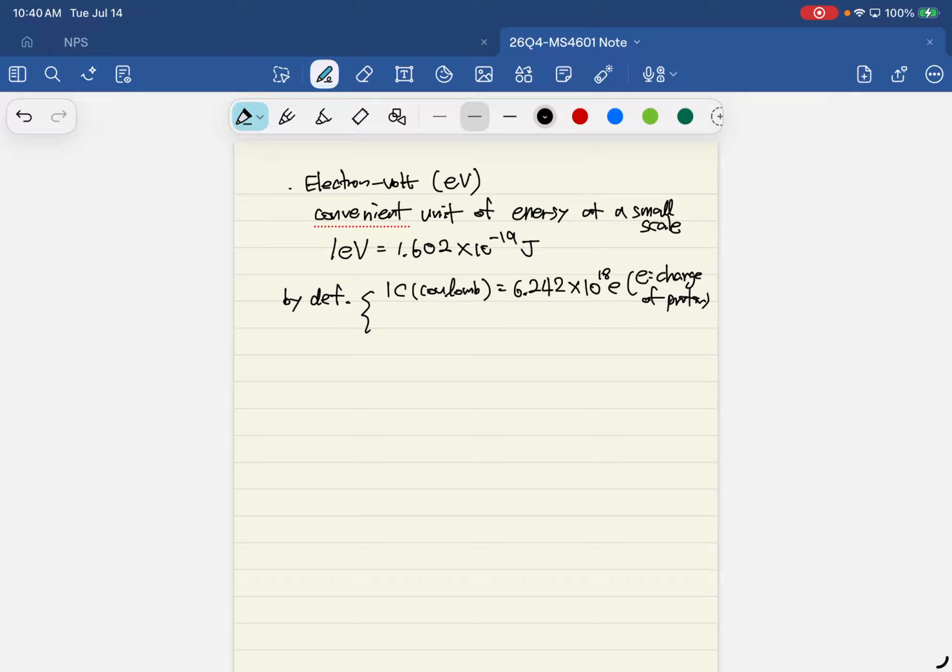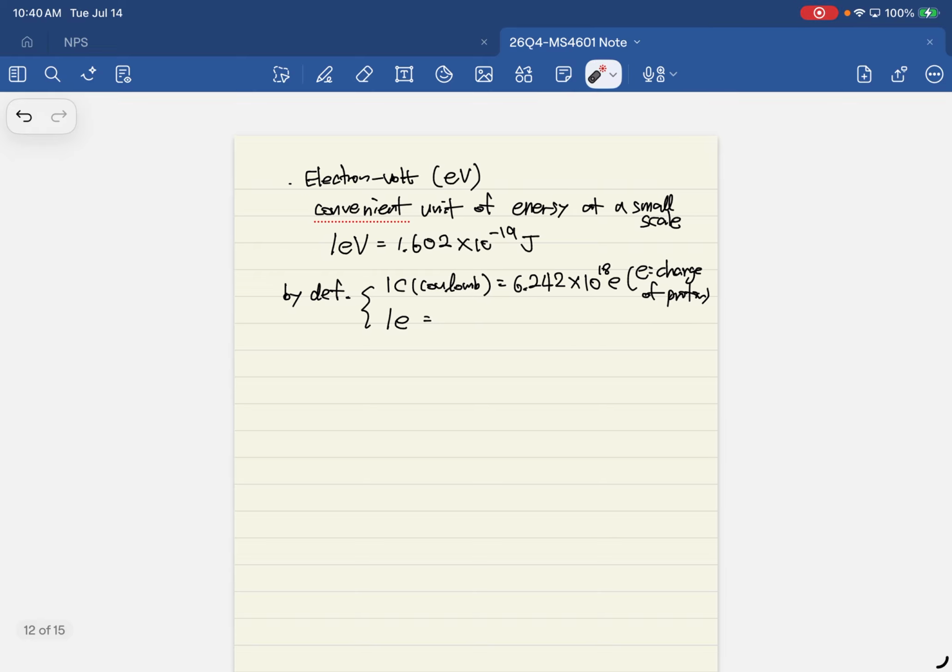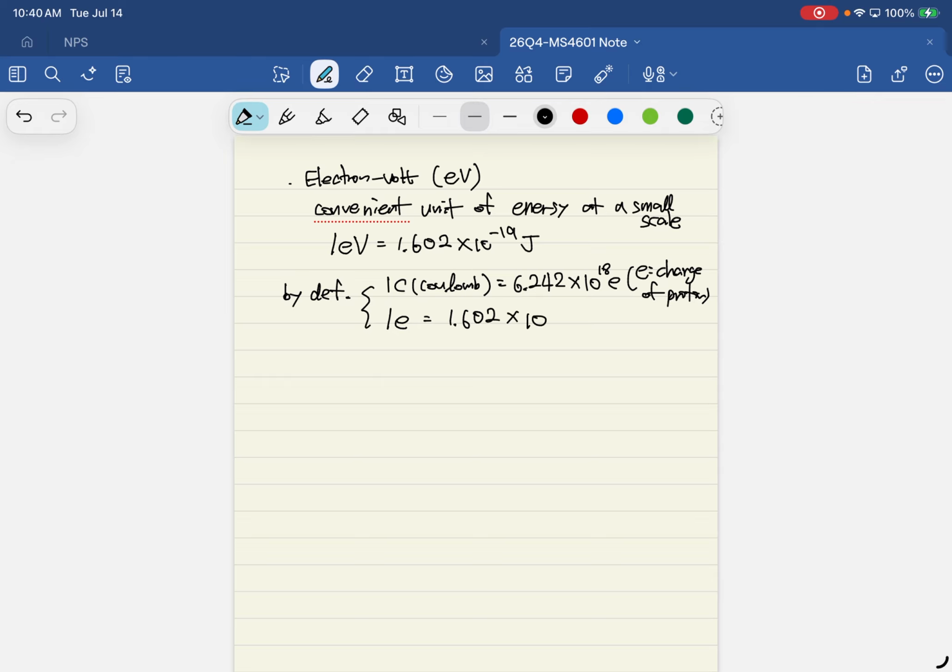This is by definition how 1 coulomb is defined, and 1 charge is essentially the inverse of that. So we can move this value to the left, and then we can evaluate that. That is 1.602 times 10 to the negative 19th coulomb. This is just by definition.